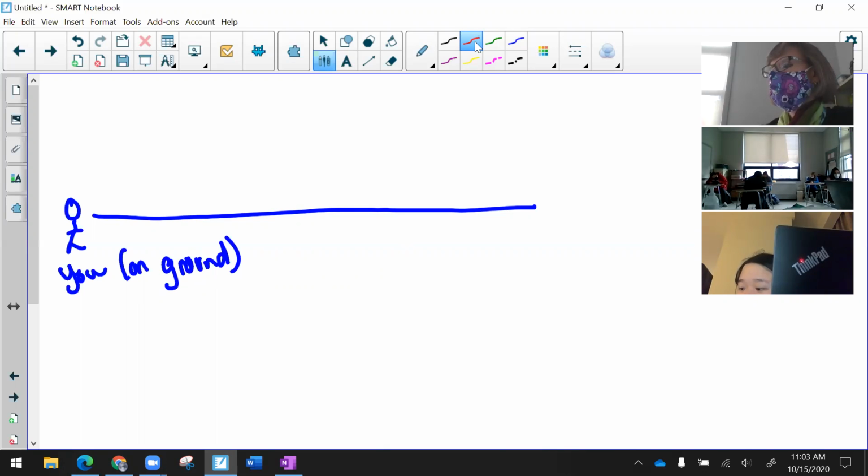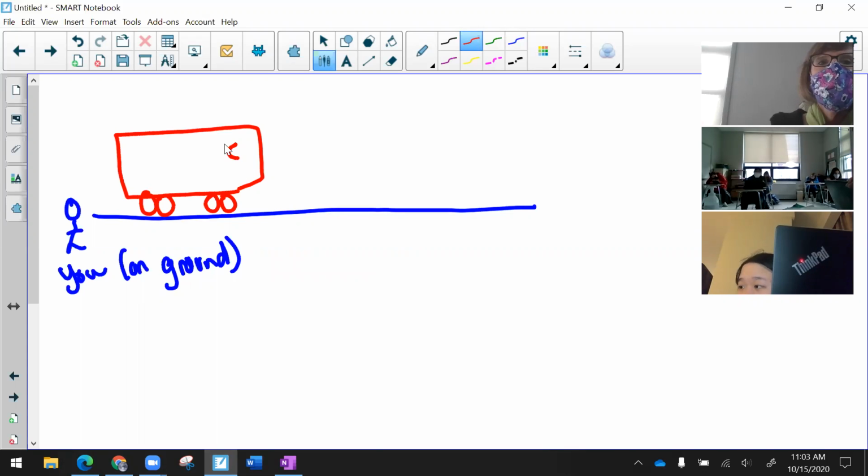And I see a train go past. And my train is going to move this way. The train.